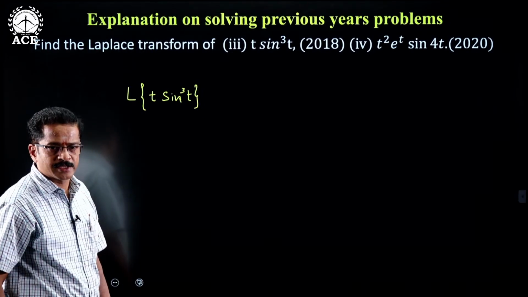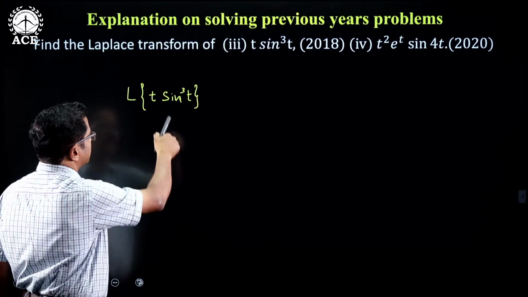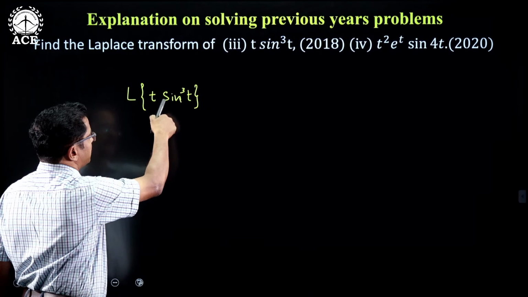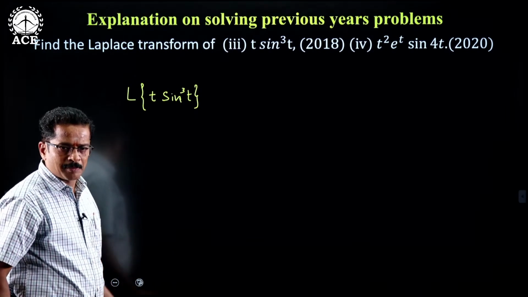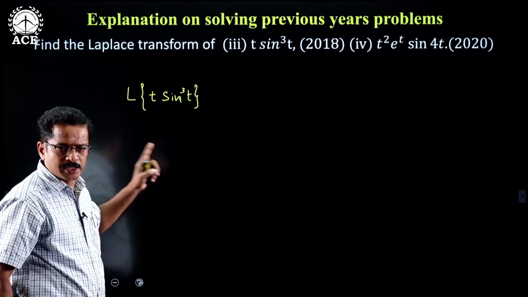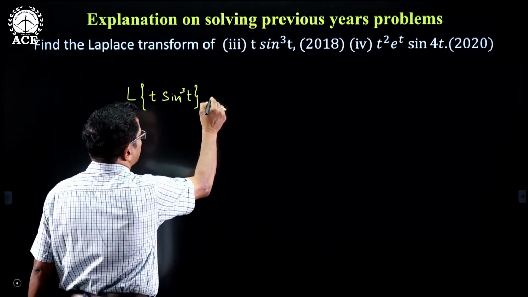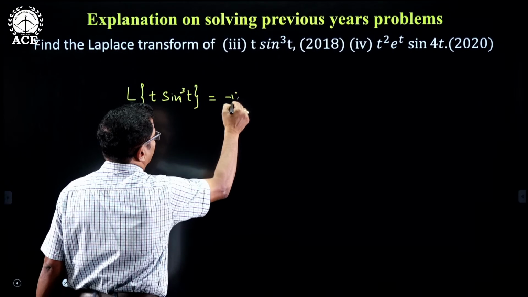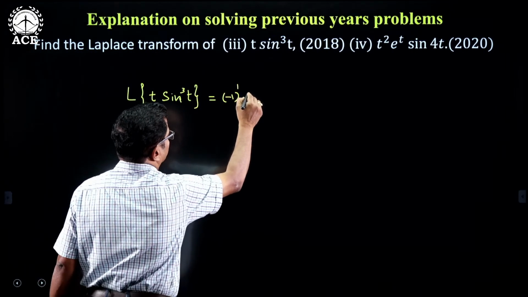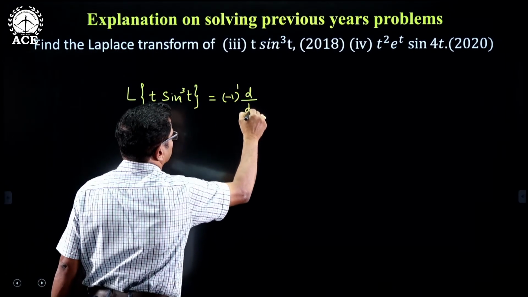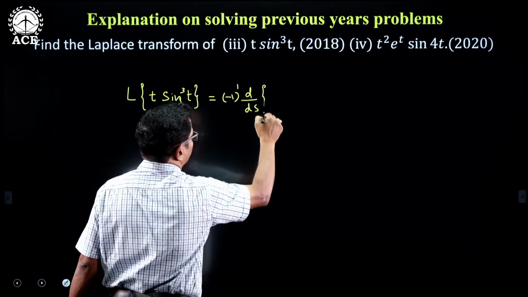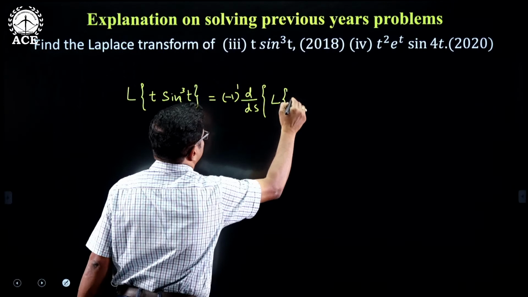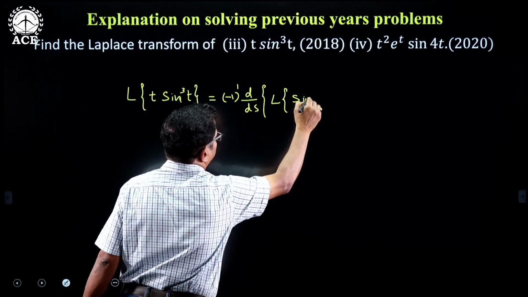Laplace transform of t sin cube t means the function f of t is multiplied by t. So by the multiplication by t rule, it is minus 1 power 1 into the first derivative of the Laplace transform of sin cube t.